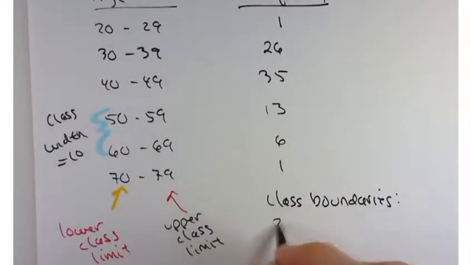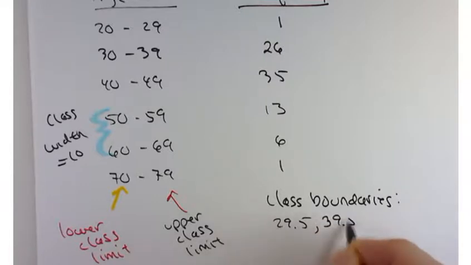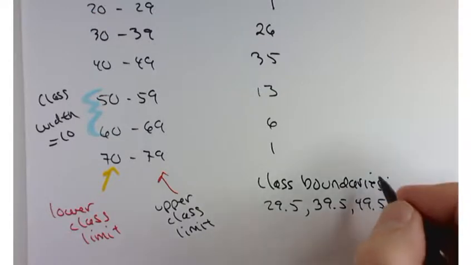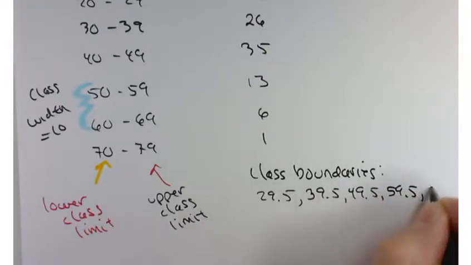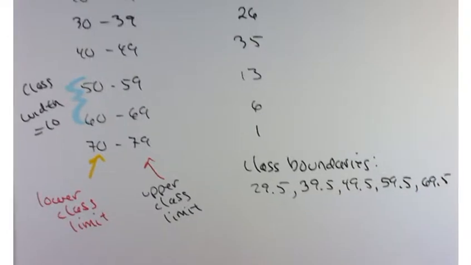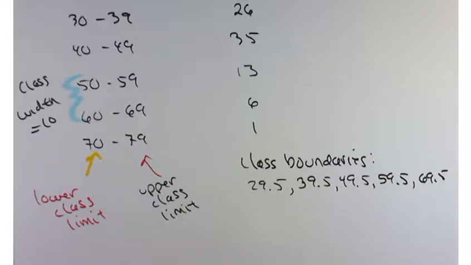So 29.5, 39.5, etc., 49.5 all the way up to 69.5. So class boundaries are the numbers used to separate the classes, but without the gaps created by the class limits.